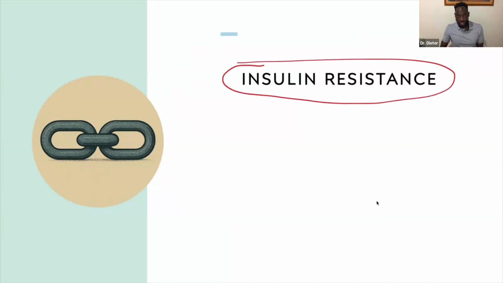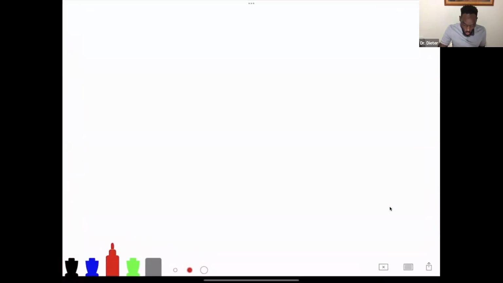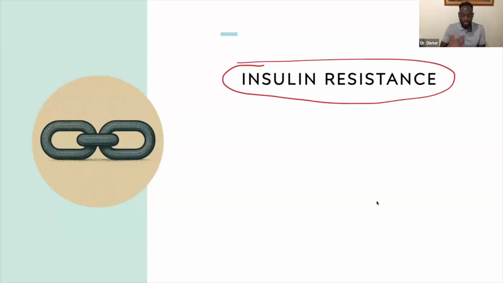What is insulin resistance? To understand what insulin resistance is, it's important to understand what insulin does in the first place. Insulin is a very important hormone in the body. A very important hormone in the body. I consider insulin to be hormone numero uno. And why insulin is very important is because of this job.